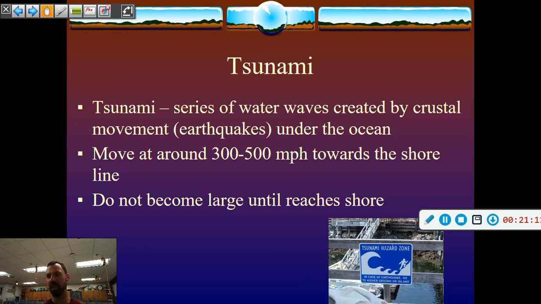Okay, because they go out in every direction. Okay, and the Indian Ocean tsunami in 2004 was the largest in recorded history that we know of. Okay, definitely caught everybody by surprise. Okay, and also the Japan one, which wasn't too long ago, 2011.